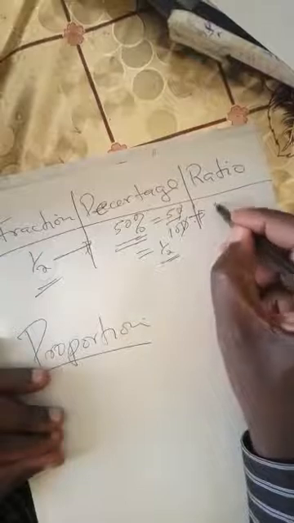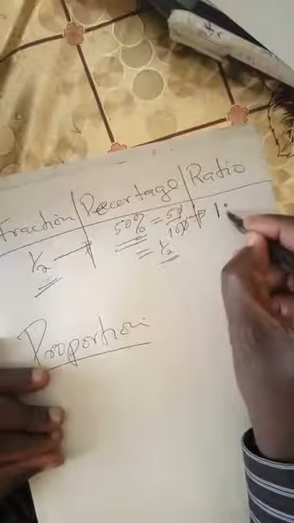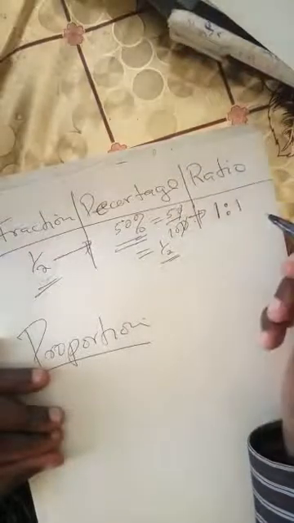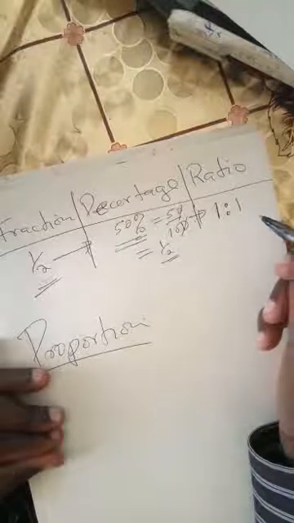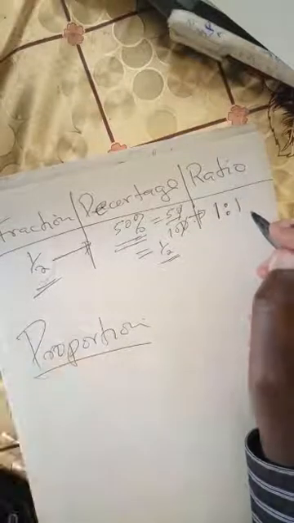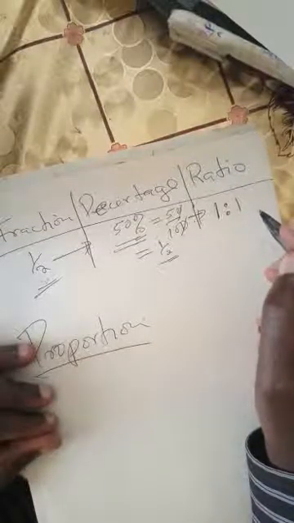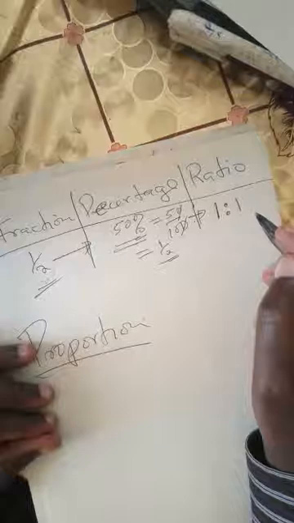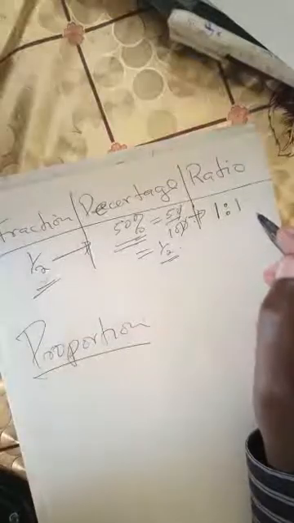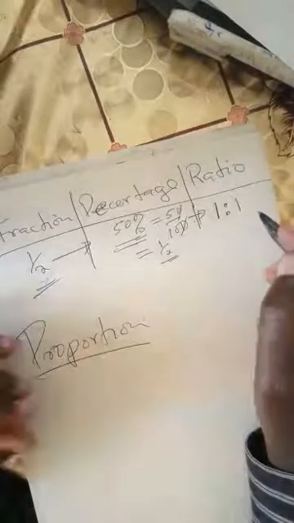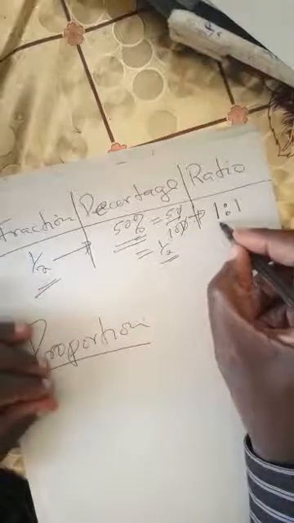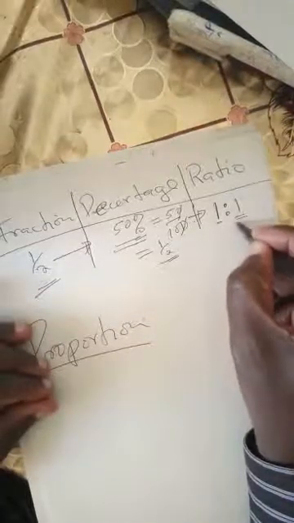So as a ratio, if you divide it into two parts, this is how you write the two parts, okay?